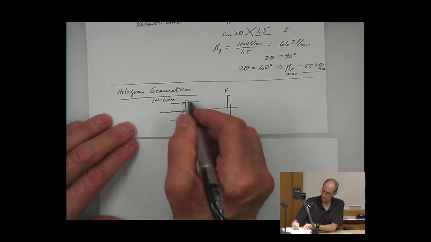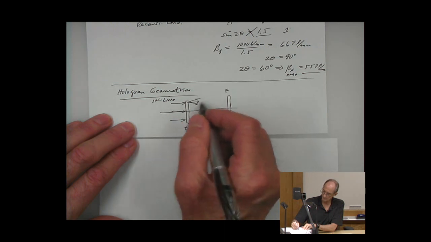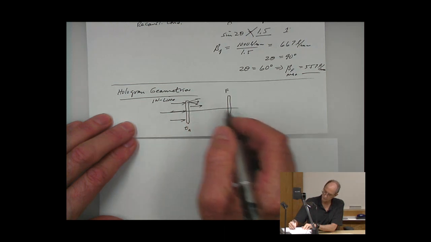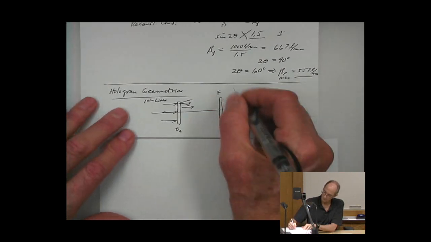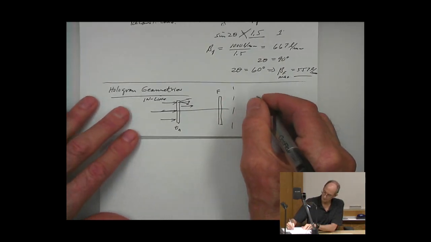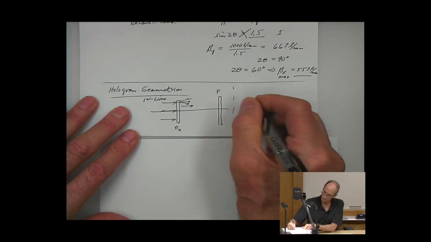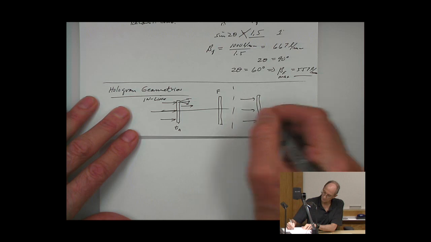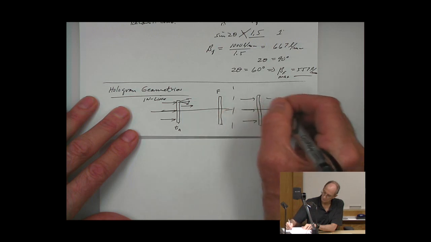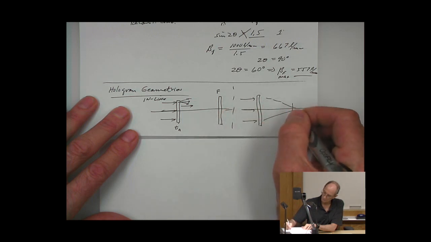We get, again, that scattering, and we have residual reference beam, which propagates to the film plane. And then during the reconstruction, you end up with one reconstruction here.